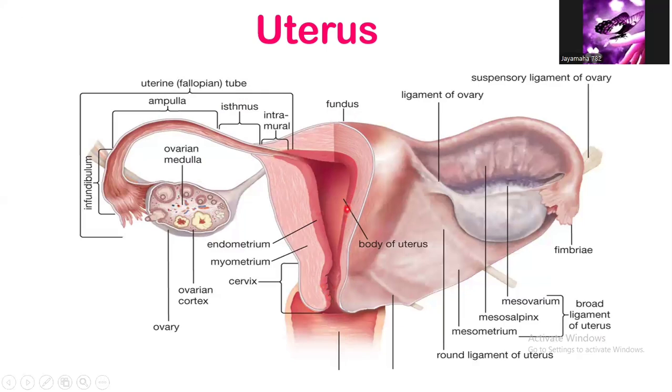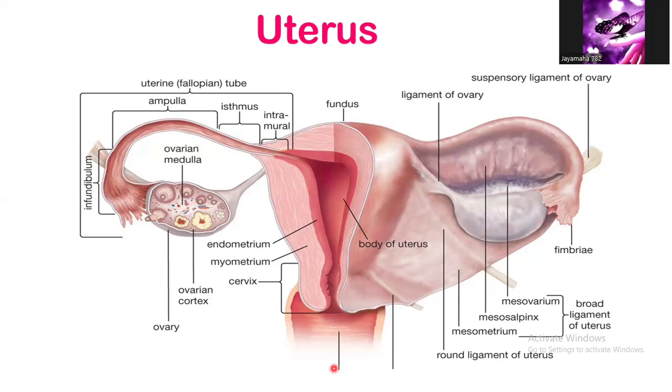It's the central largest portion where implantation and fetal development occur. This is the isthmus. It's the narrow segment that connects the body to the cervix. The cervix is the final part. It's the lower cylindrical part that connects to the vagina, and it secretes mucus that changes during the menstrual cycle.